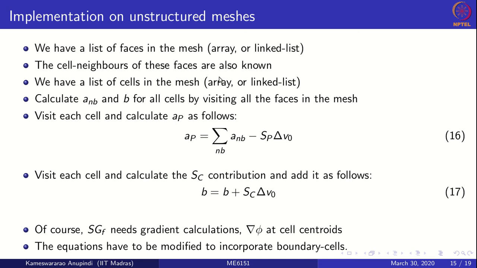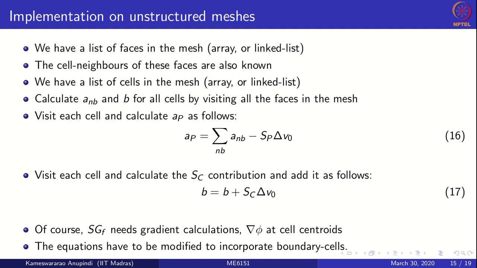For example, you go to a particular face, you know who your cells C0, C1 are, and go to another face, you know who your C0, C2 are, and so on. Also we have a list of cells in the mesh, either through an array or a linked list. These cells are formed because of the faces, so we can go from cells to faces and faces to cells in terms of the connectivity.